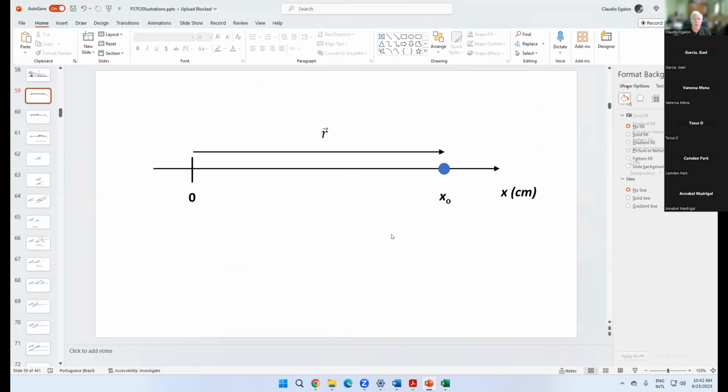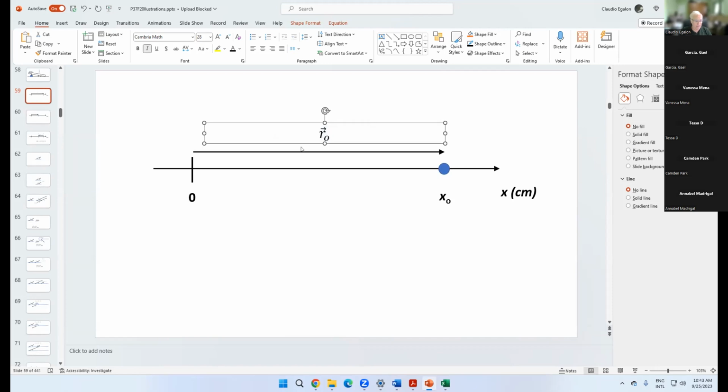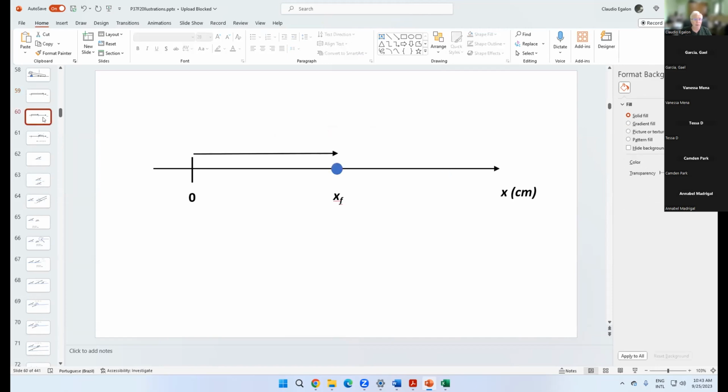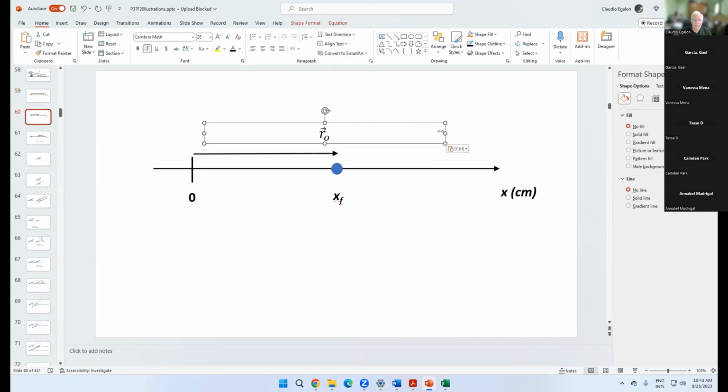That's the initial vector position, and then we have the final position vector.